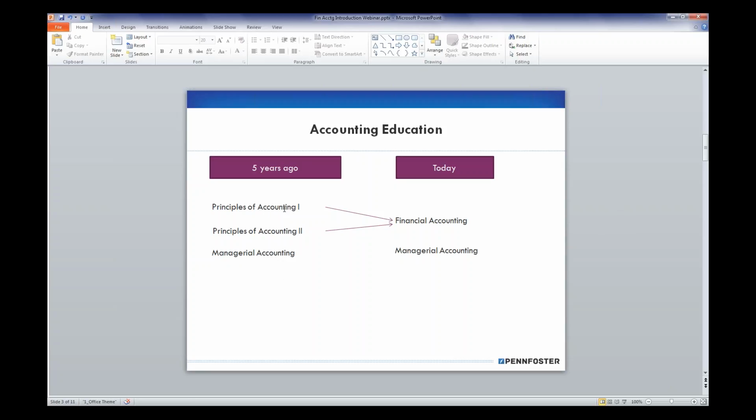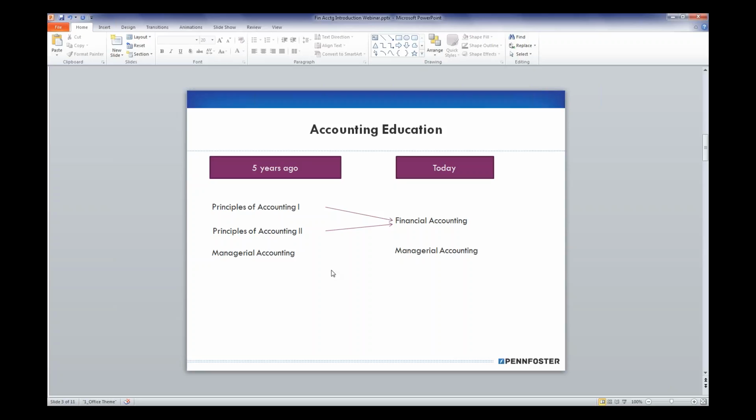And Principles of Accounting 1 and 2 basically made you a very, very good bookkeeper. But because we have computer software and stuff like that nowadays, the governing bodies decided that, well, since you're in financial accounting, we don't need to teach bookkeeping, and therefore we're going to just jump in with financial accounting.